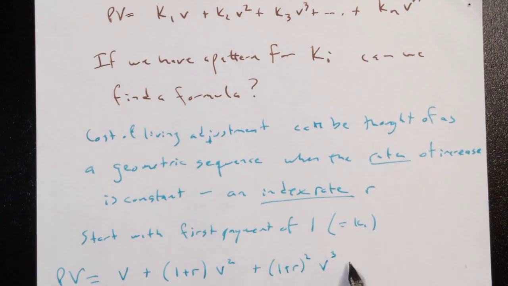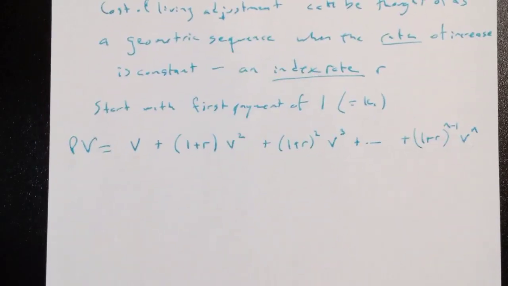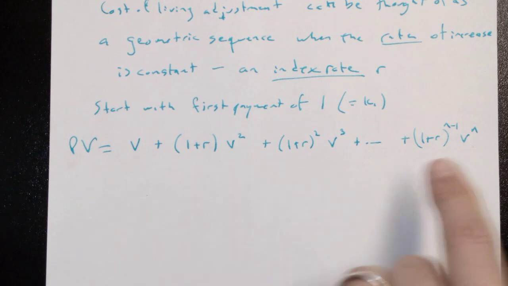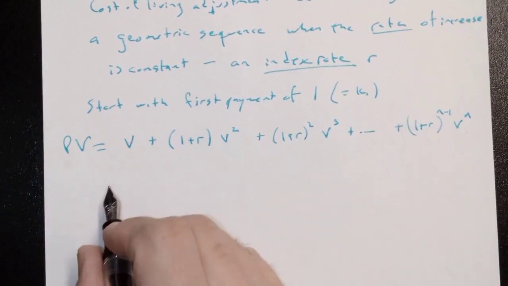And so on, all the way until my last payment, which has been increased for inflation adjustment by the growth of the index rate n minus 1 times. All right, wait a second. Factor out a V out of this.